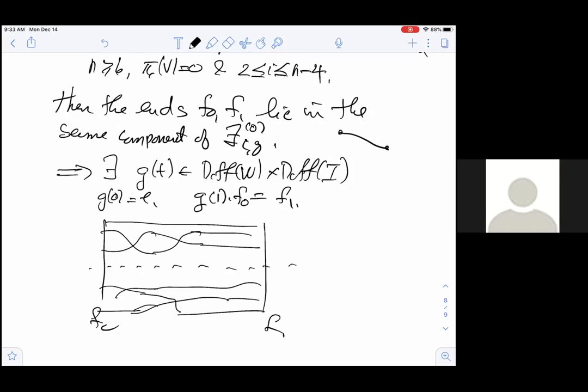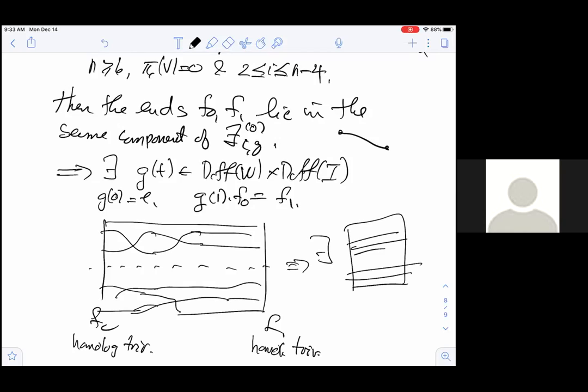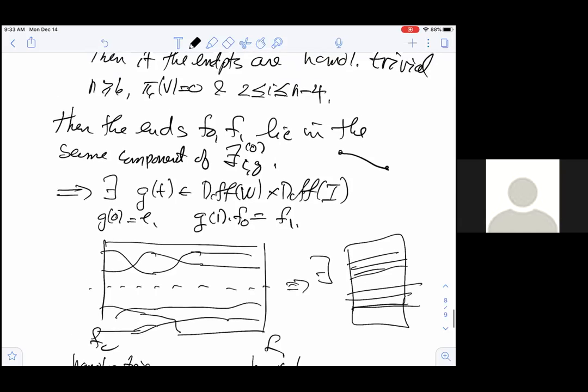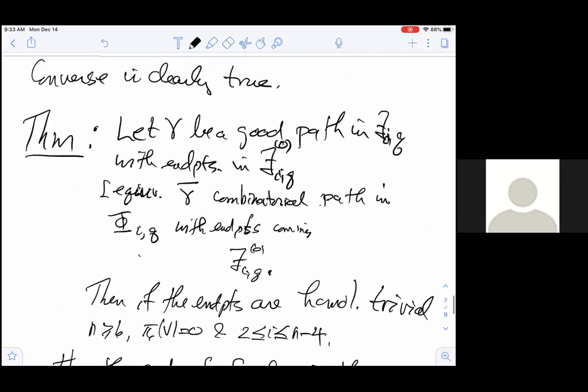If these are both homologically trivial, then that implies that there exists a diagram like this connecting them. A diagram where nothing happens. They are diffeomorphic. They're in fact diffeomorphic by a diffeomorphism isotopic to the identity. All right, so that's the main combinatorial theorem.